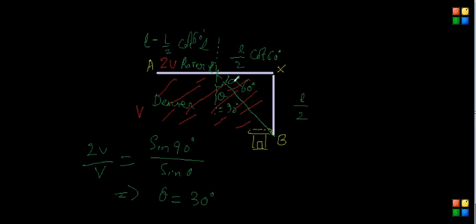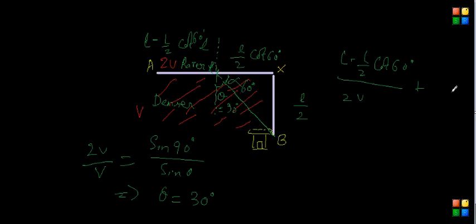So what's my minimum time here? I know that it moves with different speeds in different media. So this part of the distance, L minus L by 2 cot 60, is traveled at a speed of 2v, and this distance, what is this distance? This is L by 2, this is 60 degrees. So what will be this distance?